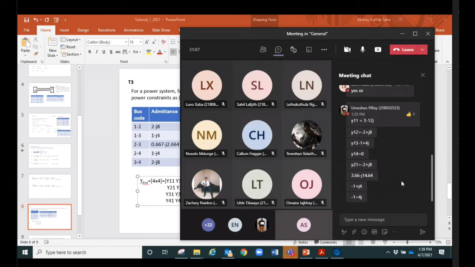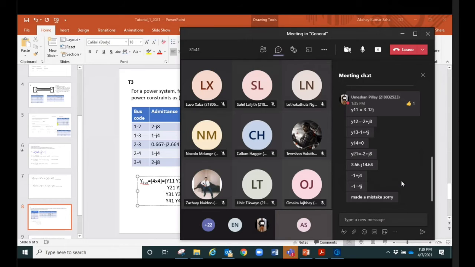Capital Y23 is equal to minus small y23. Small y23 is given directly, which is 0.667 minus J2.664. So it's just the minus sign before that will change. No, that's perfect. Thank you so much. And Y23 is correct. Now we can go to Y31. Y31 is already there from Y13.